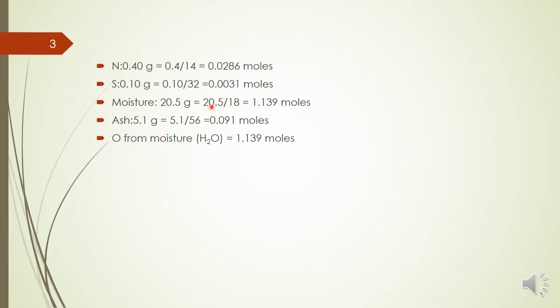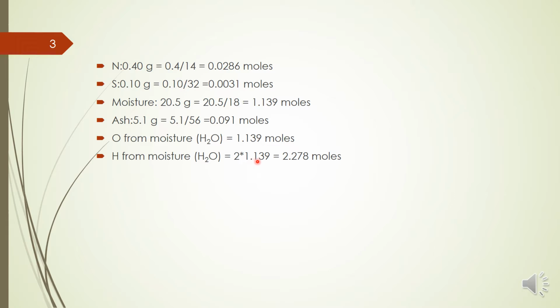And water also we can further simplify, because water contains oxygen as well as hydrogen. So 1 mole of water will have 1 mole of oxygen. So that means 1.139 moles of water will have 1.139 moles of oxygen. And hydrogen, we know that 1 mole of water contains 2 mole of hydrogen.